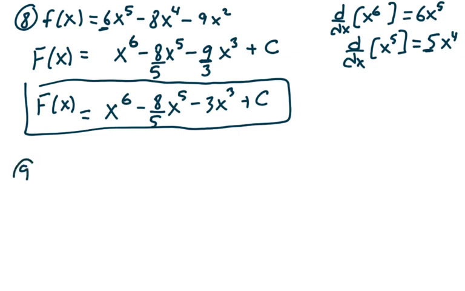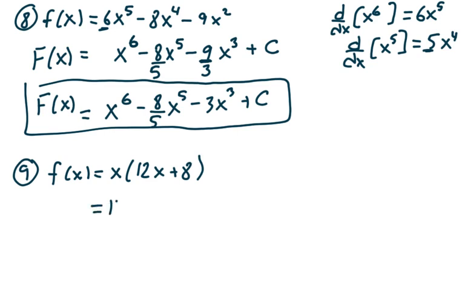Number 9. Suppose f of x is x times 12x plus 8. And I'm going to rewrite this as 12x squared plus 8x. So I just distribute the x inside.